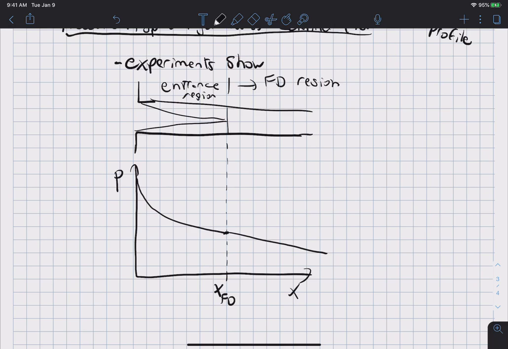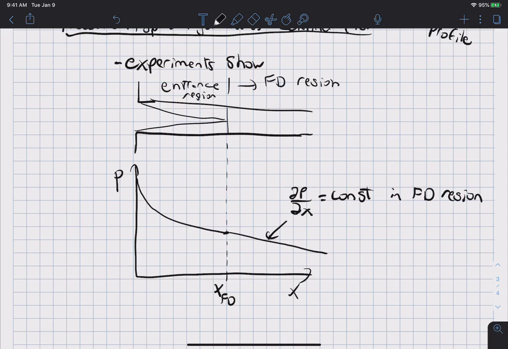Now the take-home point here is that the pressure gradient with respect to x, dp/dx, is equal to a constant in the fully developed region.